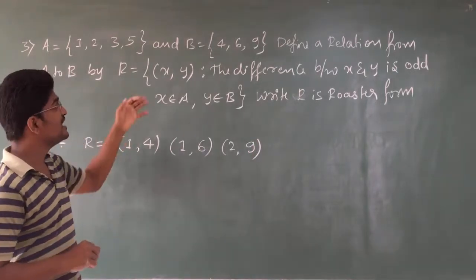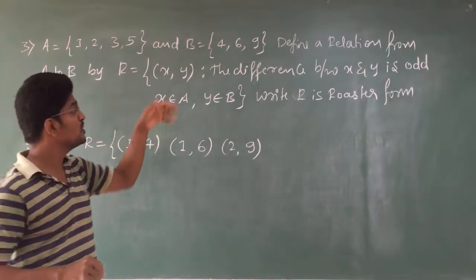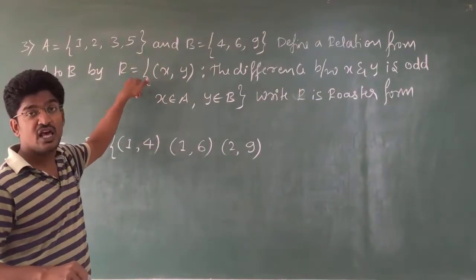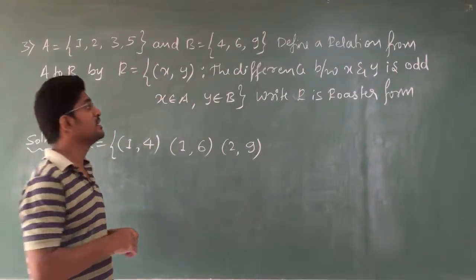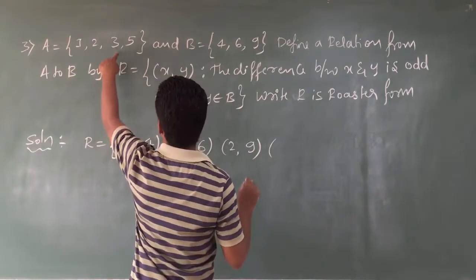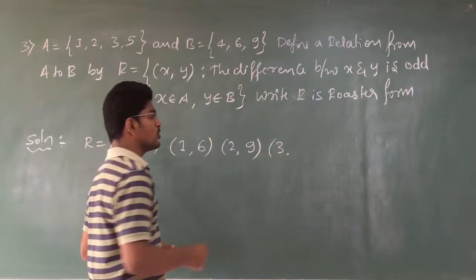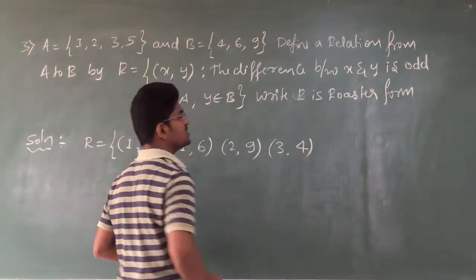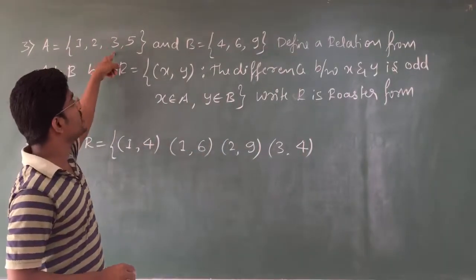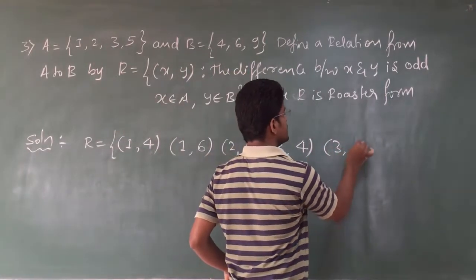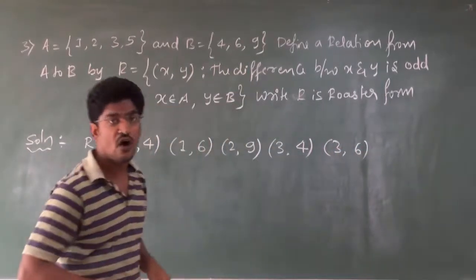Clear? So here the relation is according to the condition given in the definition of R. Clear? So that's why we have to choose like that. Next, go for 3. For 3, can I choose 4? Yes, I can choose 4 because the difference is 1 and it is odd. Again for 3, can I choose 6? I can choose 6 because the difference is 3. 3 is odd.